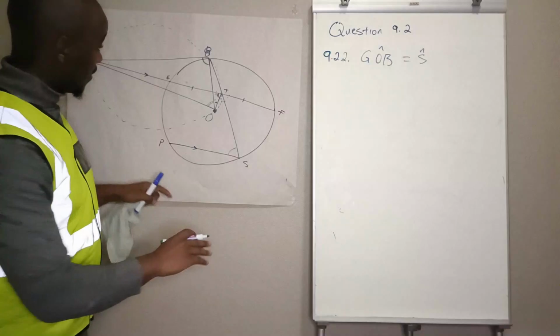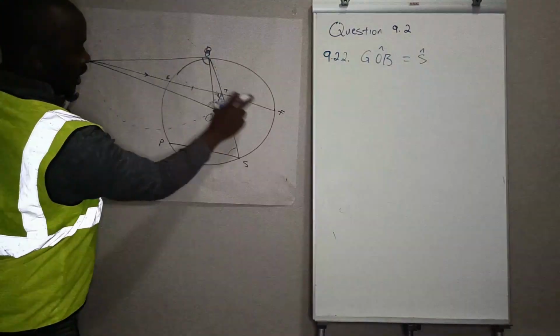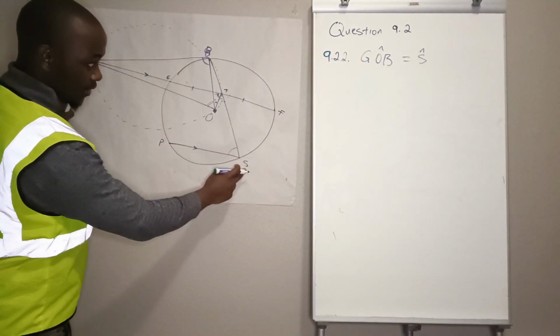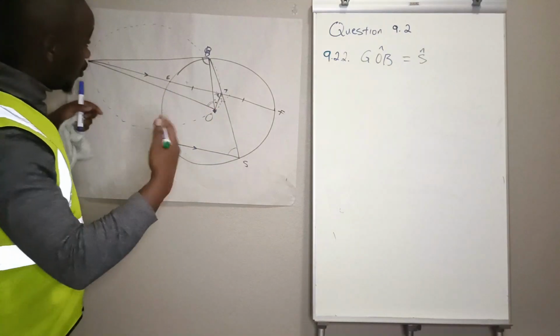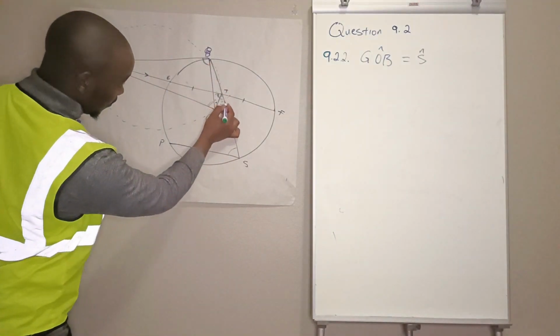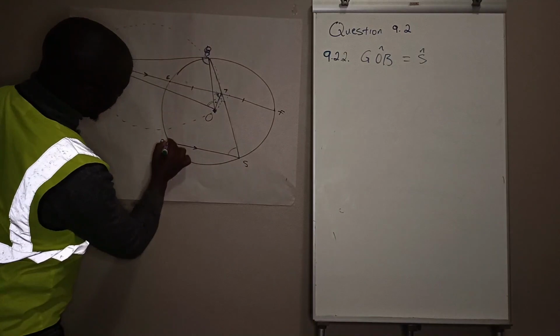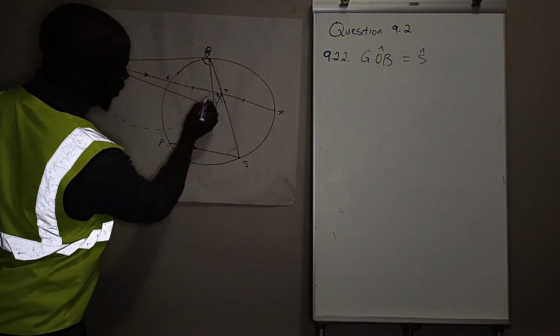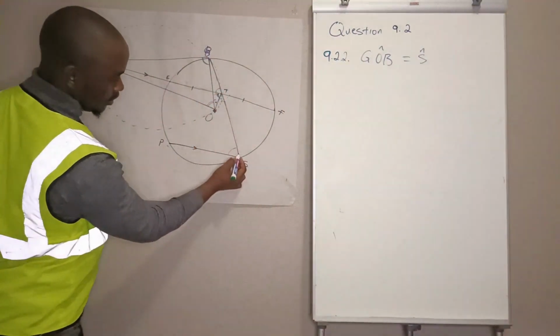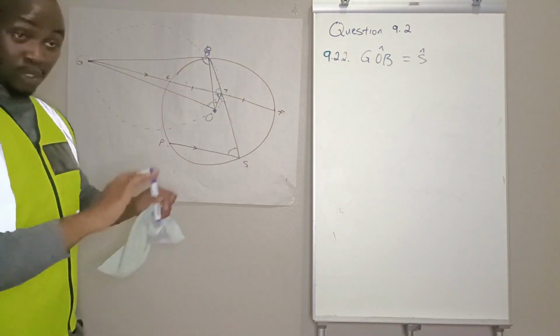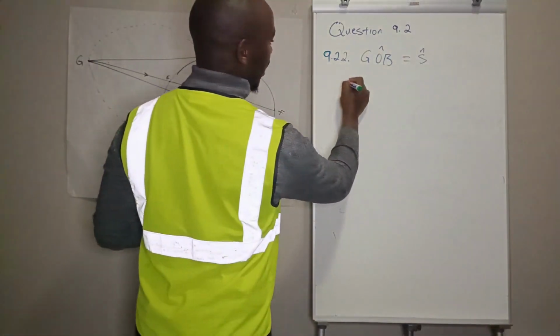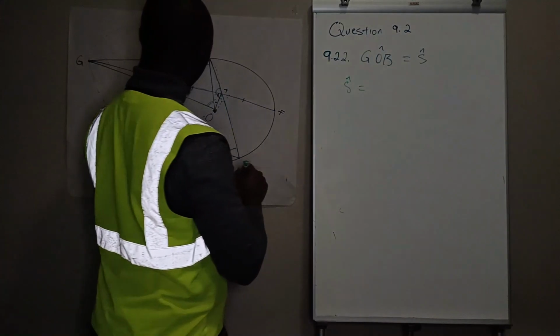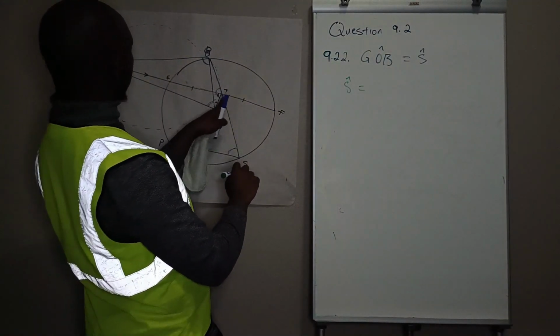You should ask yourself now, why is this man trying to go that route? Because if GF is parallel to PS, then we have an F here. This is an F. So on F, this angle is equal to this angle.